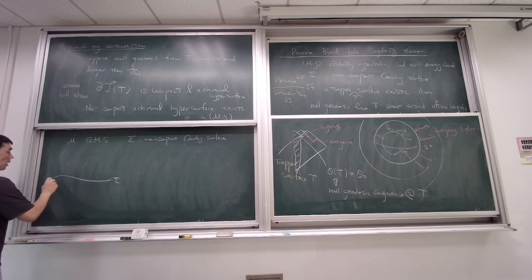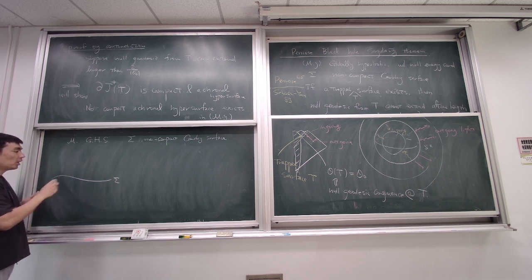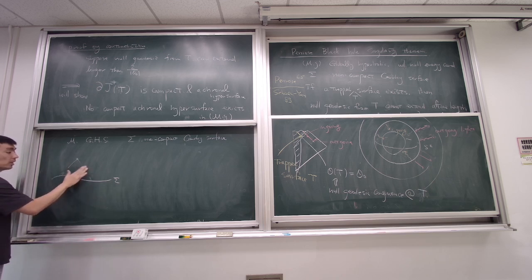Let's go with the non-compact one. Any point P in the future, any causal curve can intersect Sigma. So we know that's the definition of the Cauchy surface.